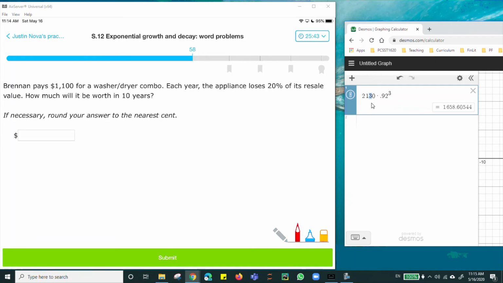Okay, so the other one is: Rondo pays 1,100 for a washer dryer combo. Each year the item loses 20%. That's important. That's decline. Okay, decay function. So that means I have 80%, because 100% minus 20% is 80%. That's going to be 0.80. And it's resale value, and how much will it be worth in 10 years.